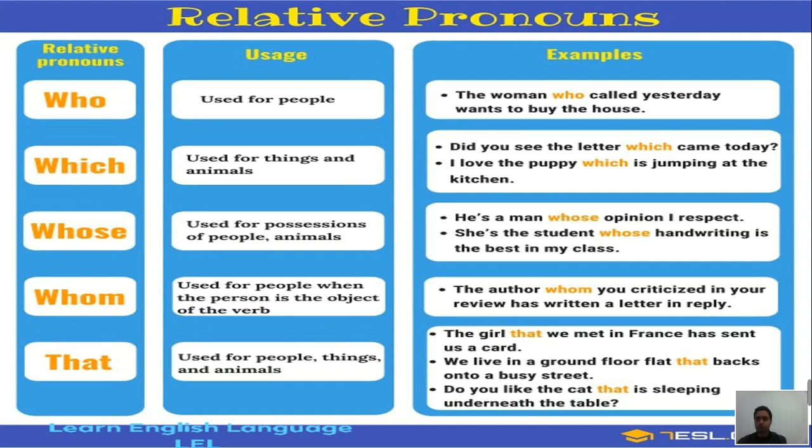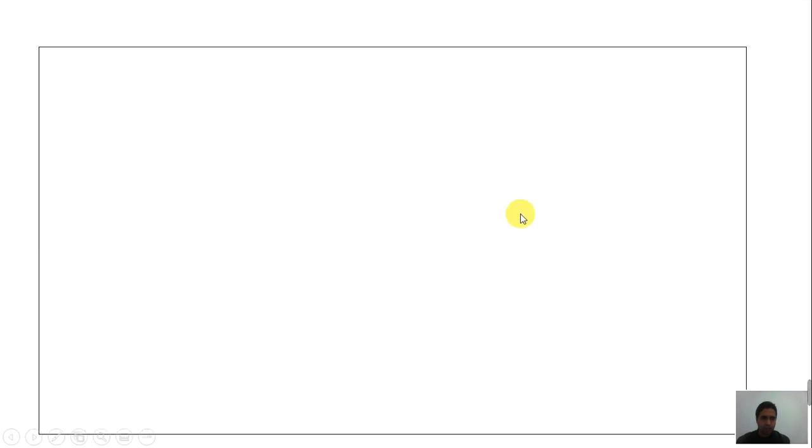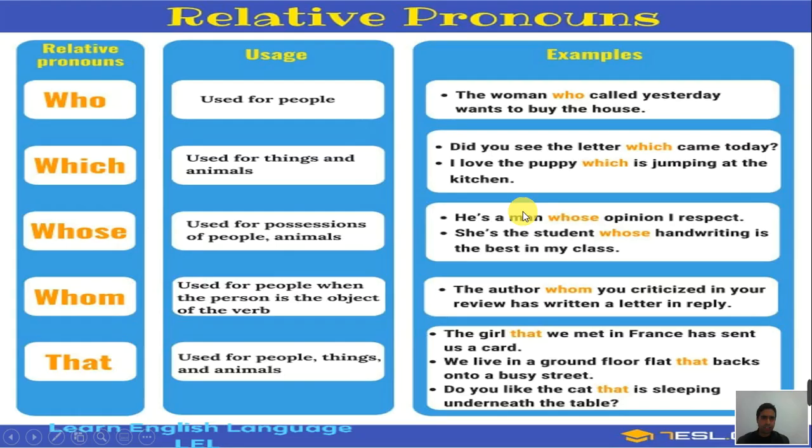Great. Now, whose. Whose is really important too, because we use it when we talk about something we own, something we have. We talk about possessions for people and for animals. Examples. He's a man whose opinion I respect. So, the opinion of whom? It is the opinion of this man, the man's opinion.